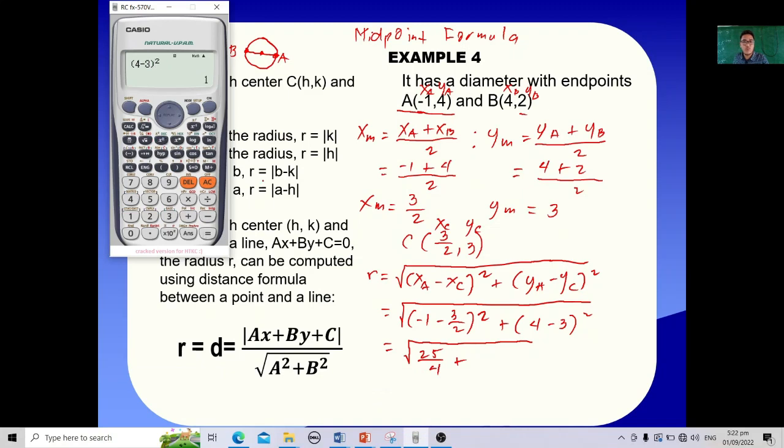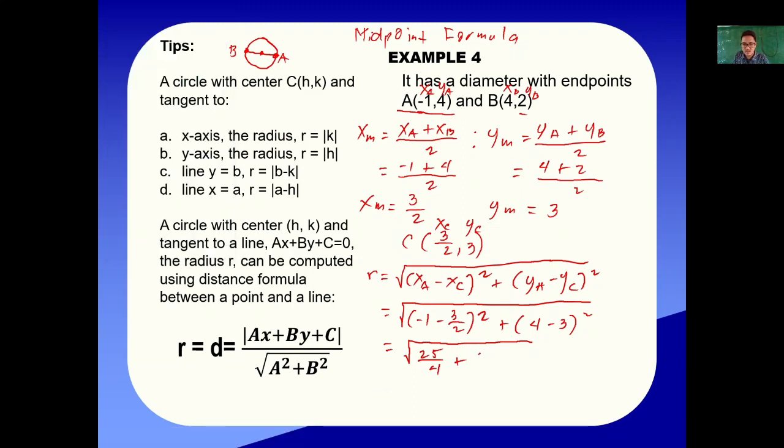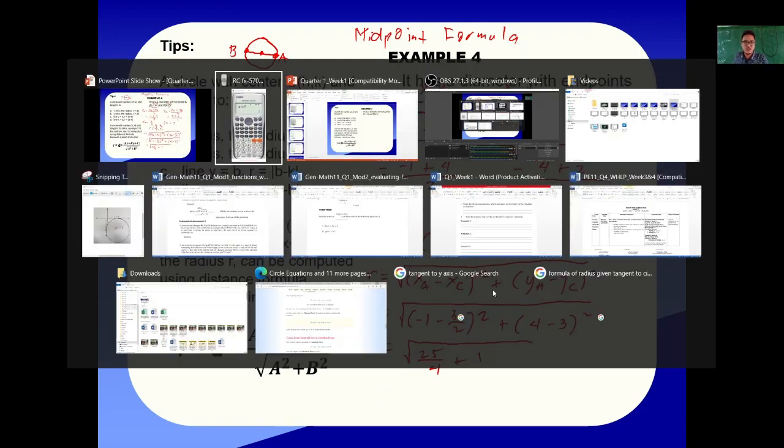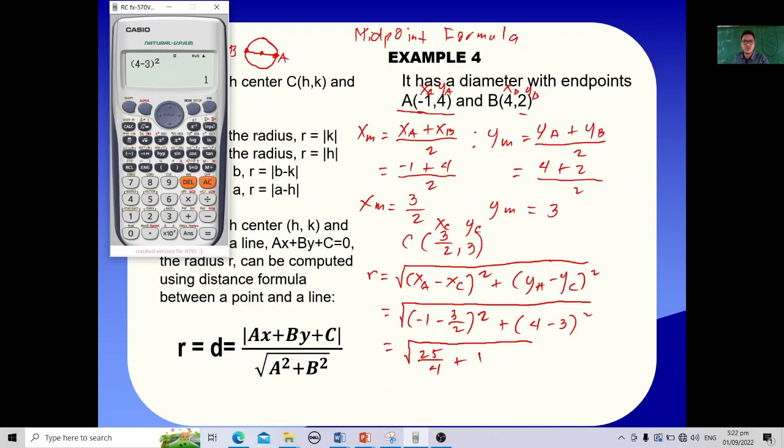That is 1. Then, using your calculator again, just input yung nasa loob ng square root lahat na yan.